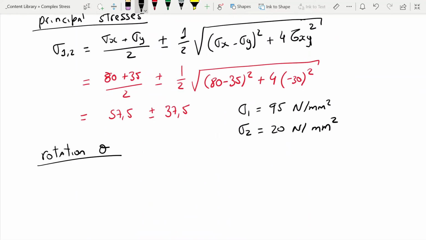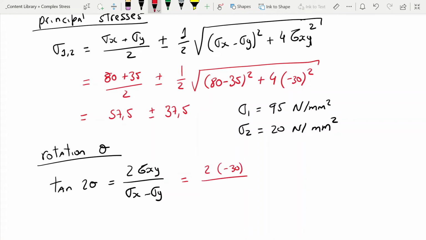To do this, we use this formula: the tangent of 2 theta equals 2 times tau xy divided by sigma x minus sigma y. Again, if we apply this to our specific set of numbers, this is 2 times minus 30 divided by 80 minus 35.